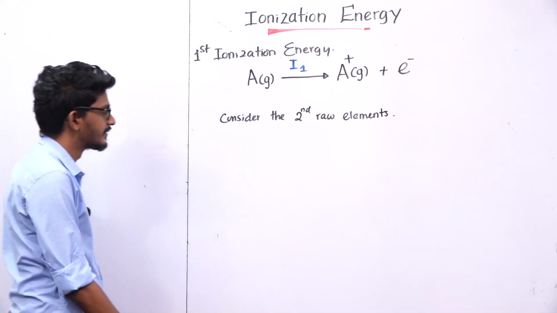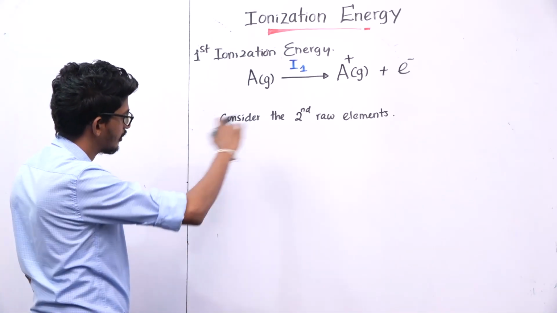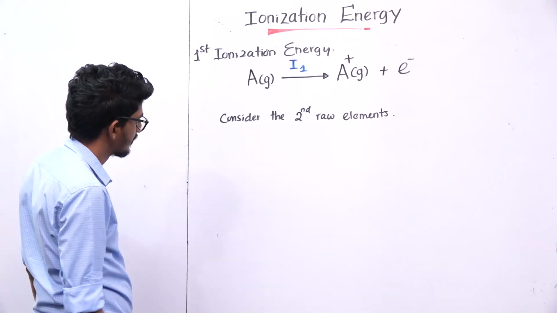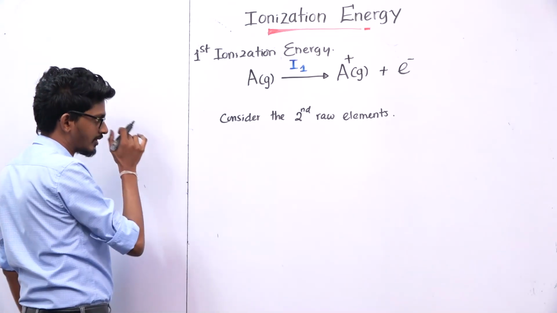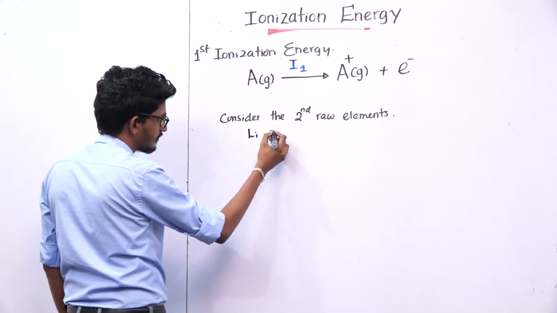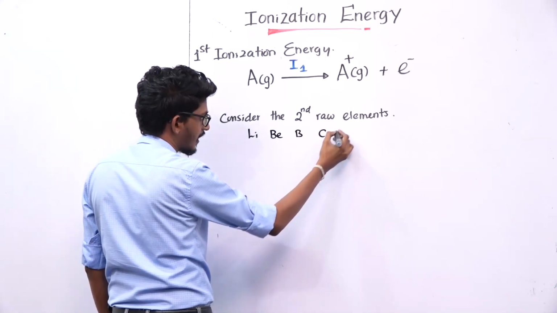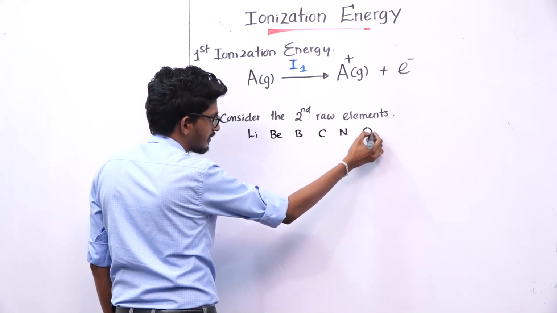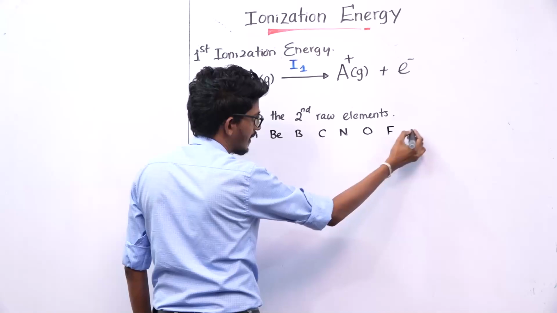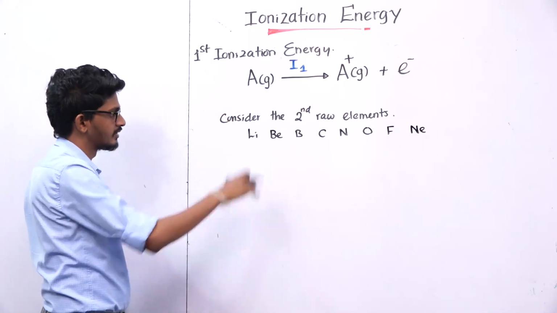Let's see how the ionization trend appears going towards the right of the second row elements. What are they? Lithium, beryllium, boron, carbon, nitrogen, oxygen, fluorine and neon.